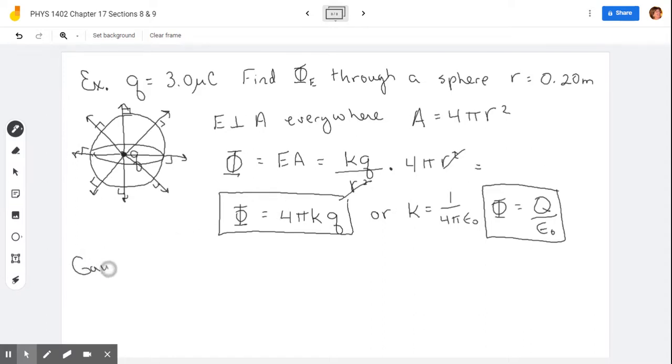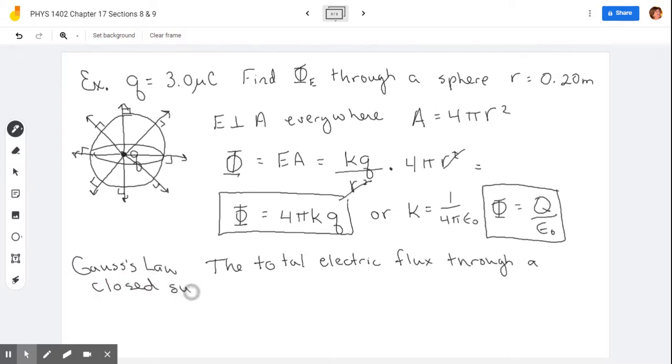In words, it looks like this. The total electric flux through a closed surface is proportional to the enclosed charge.